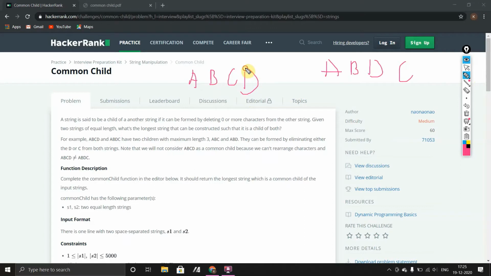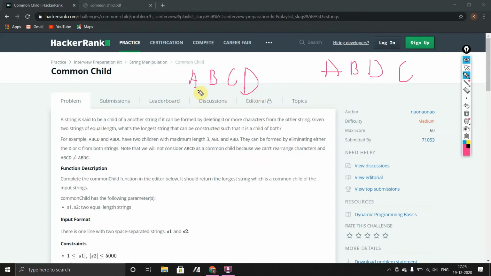The conditions are that you can delete any number of characters from this and this, but you have to make sure that at the end the two strings are equal, and you can only delete characters. That means you cannot rearrange them.